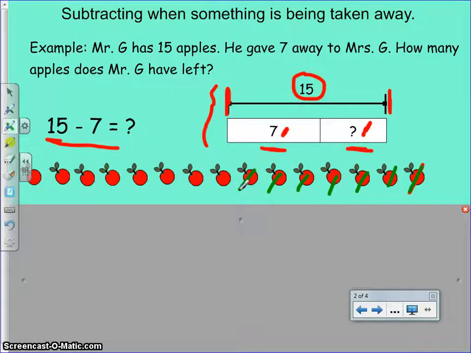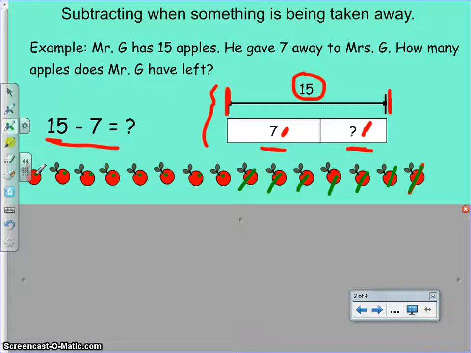So I took 7 apples away, gave them to Mrs. G. Now I just simply count how many do I have left. And I have 1, 2, 3, 4, 5, 6, 7, 8. So therefore 15 minus 7 is going to give me 8.